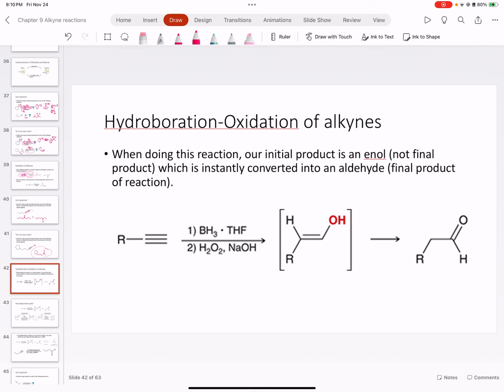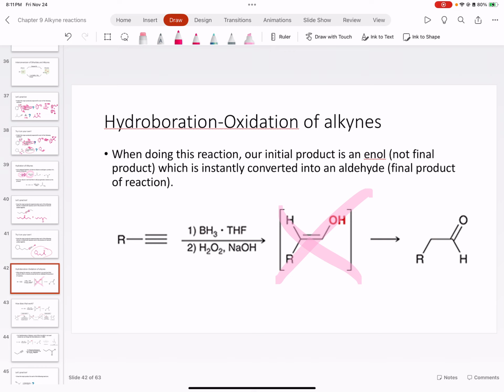Okay, so hydroboration oxidation of alkynes. With this reaction, our initial product is an enol. But this is not the final product. It's an intermediate, which is instantly converted into an aldehyde. The mechanism is kind of difficult, so this is more of organic chemistry 2 stuff, not really required for OChem 1.